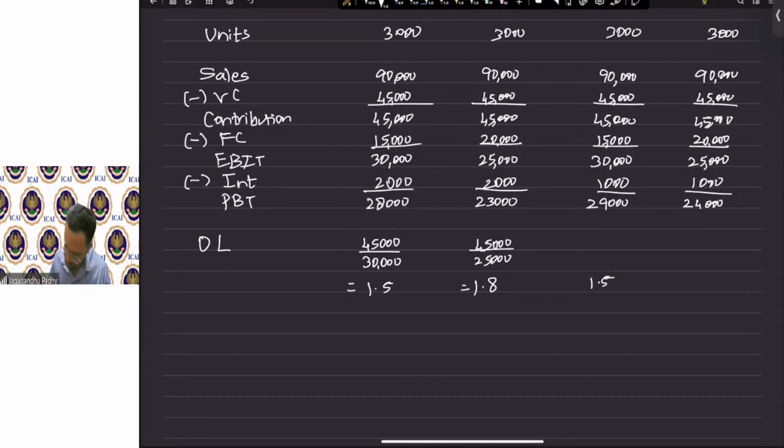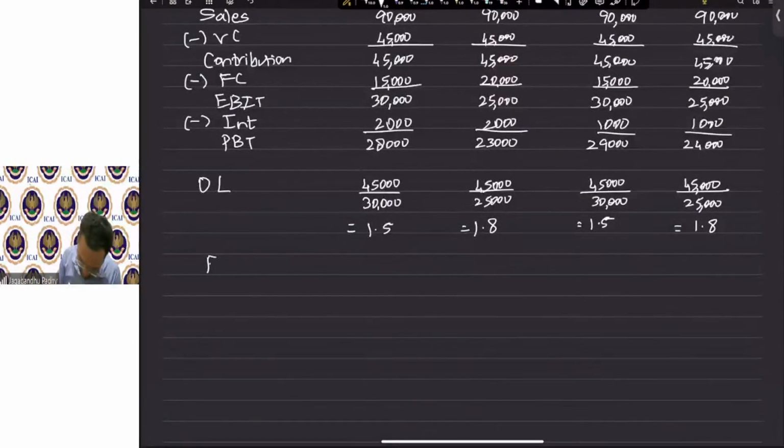Then financial leverage is 30,000 upon 28,000.